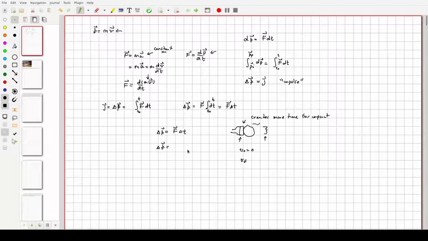But look at the right hand side. So like I said, what gloves do is they extend the collision time out. So if the left hand side is constant, it doesn't change between the situations. Okay. And you make delta t here get bigger. You extend the collision time out. What happens is the average force that this person's head's going to experience gets less.